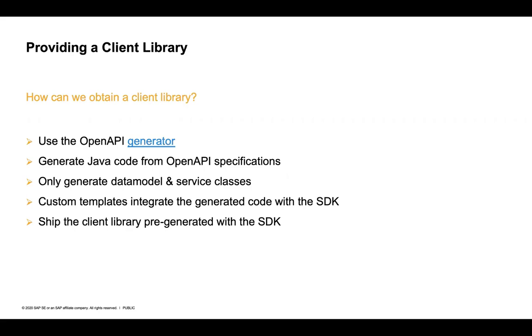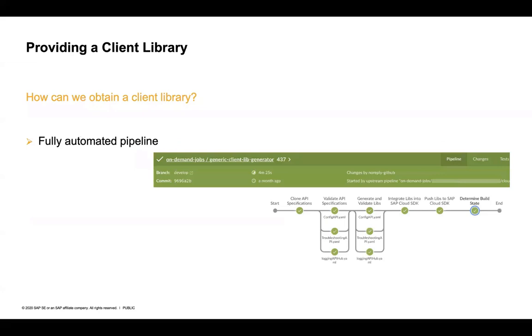And then through custom templates, we integrate that with the SDK code and then ship that pre-generated with the SDK. So this is how we actually achieve libraries for this. As I mentioned, this is how it would look for API specifications. So we validate, generate them, and then integrate them into the SDK through a fully automated pipeline, which means minimal manual effort, which means that we can actually scale this also.